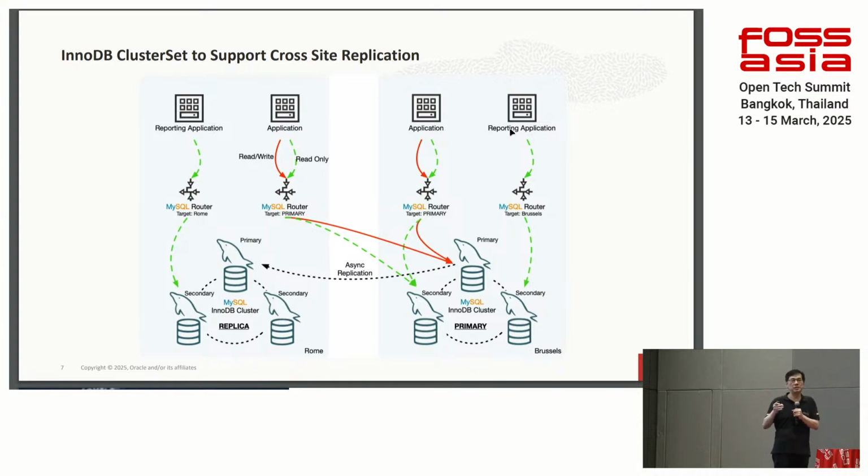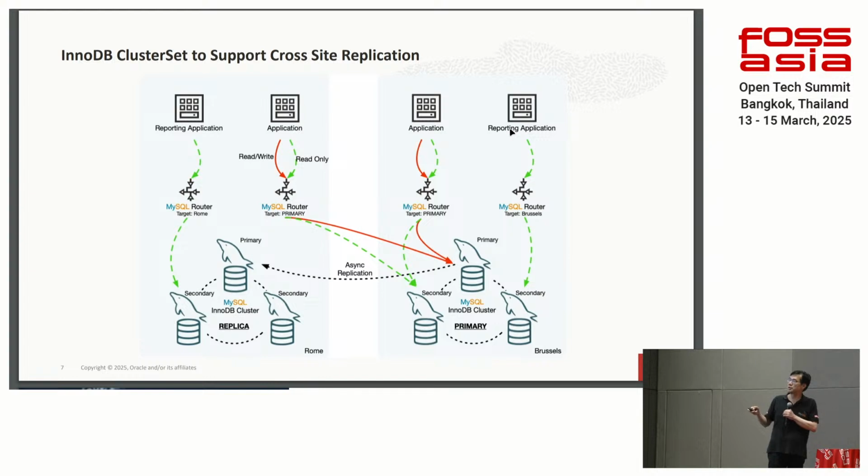Basically, the membership, the number of nodes, should be an odd number, which means 3. You can have a 3 node, 5 node, 7 node. The maximum number of nodes within a group replication is 9. So the minimum should be 3.